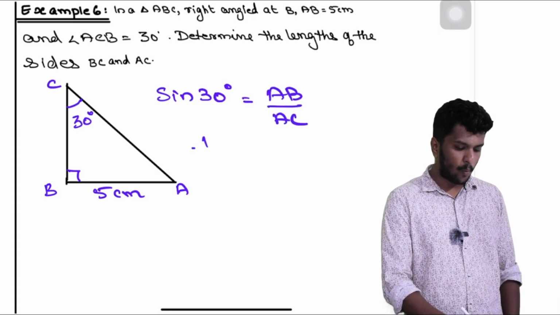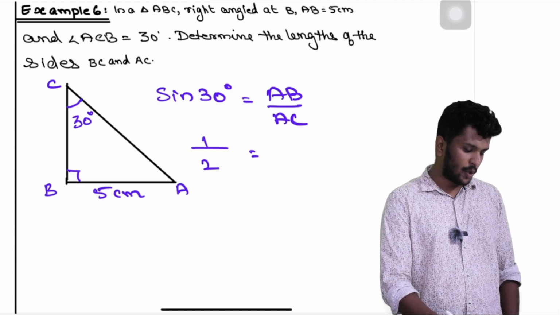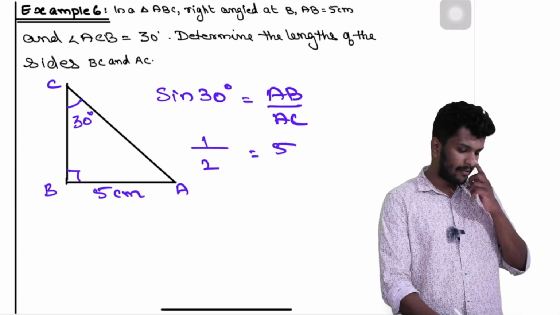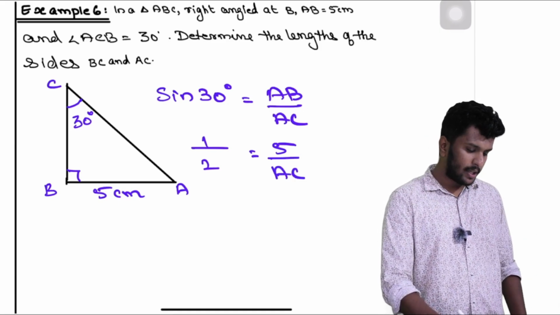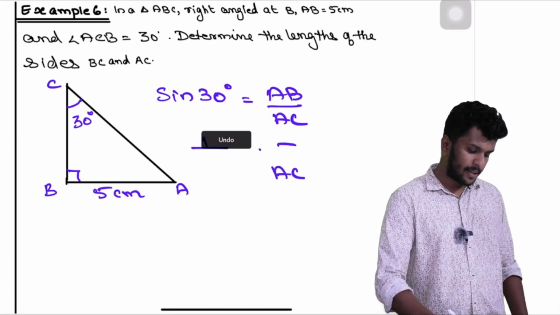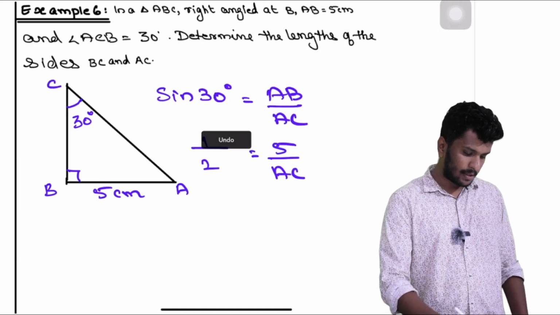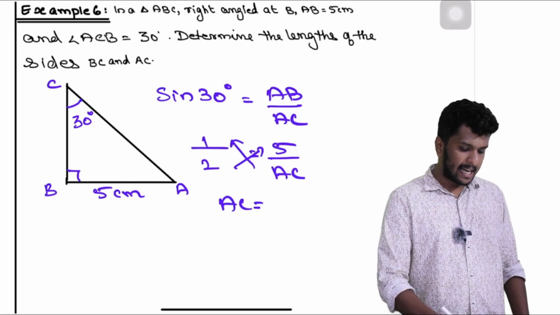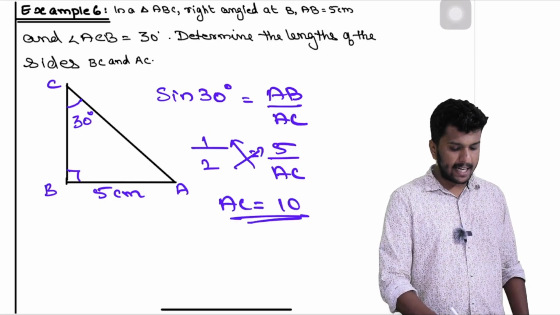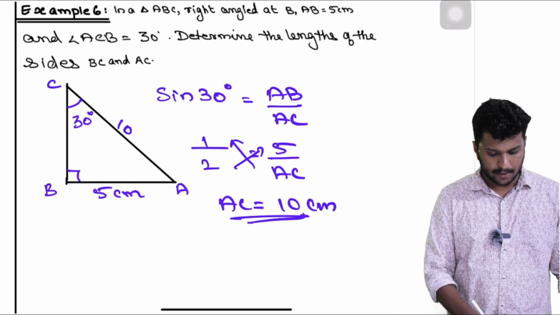Sine 30 is 1 by 2, which is equal to 5 divided by AC. Do we know AC? No. So cross multiply: 1 into AC is AC, 5 into 2 is 10. So AC is 10 centimeter.